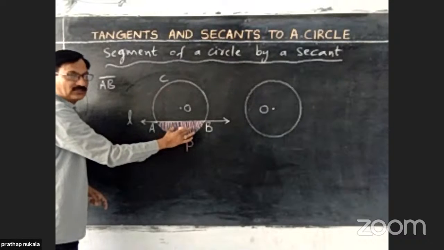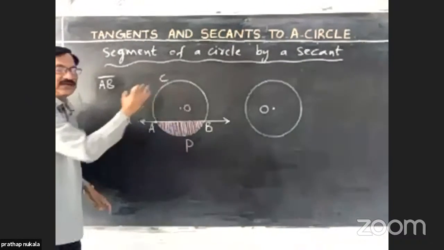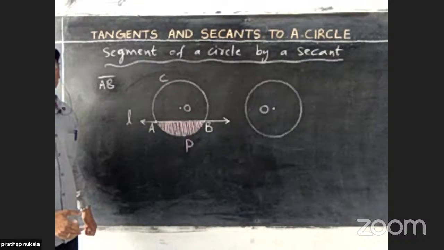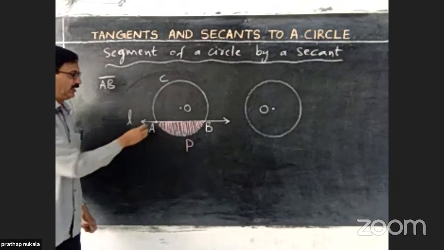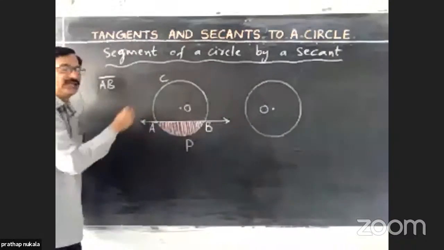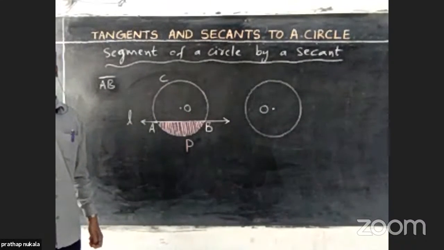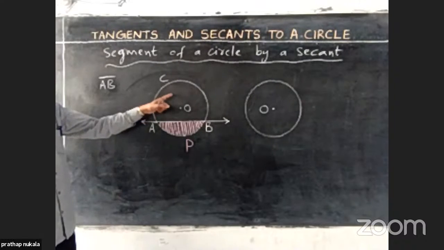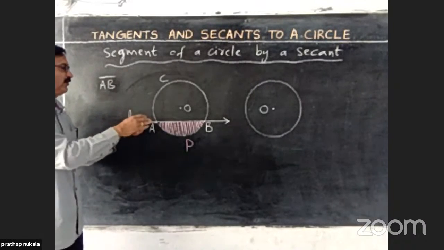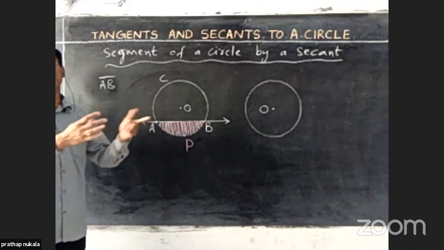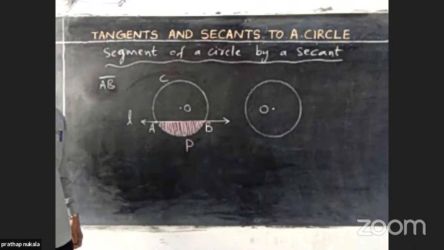Comparatively, the lower part is small and the upper part is bigger or larger. Therefore, this small part, A, P, B, A is known as the minor segment of the circle. That means which is small is known as the minor segment of a circle.